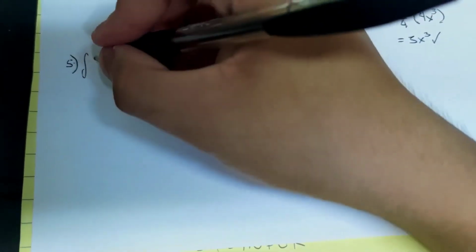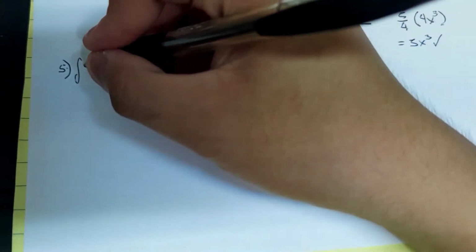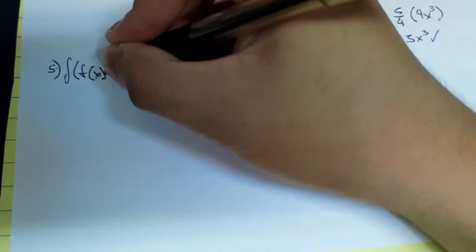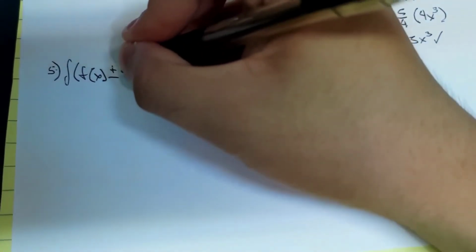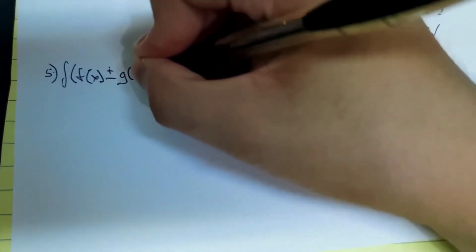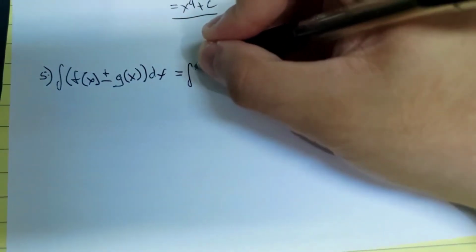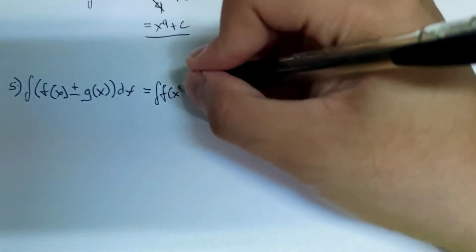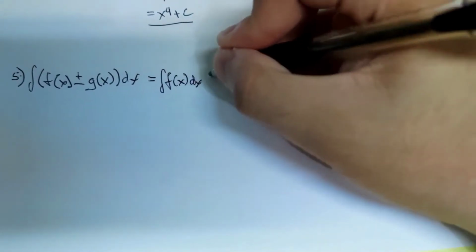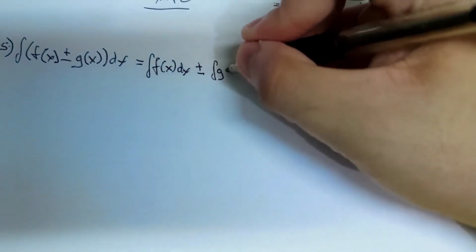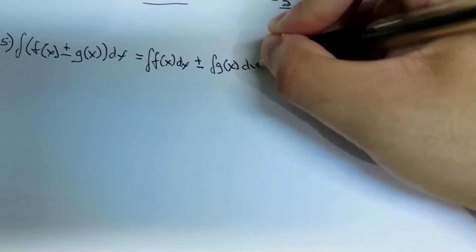So lastly, we have our last formula. It says that if we integrate the sum or difference of two functions, f of x plus or minus g of x with respect to x, this is simply the integral of f of x with respect to x plus or minus the integral of g of x with respect to x.